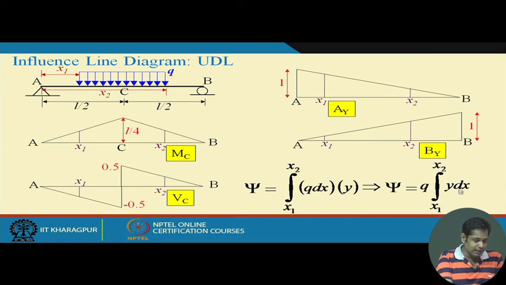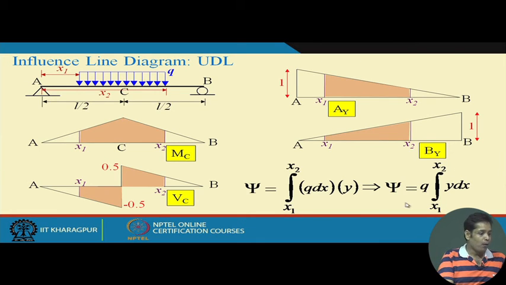This is essentially the area of the influence line diagram between x1 and x2.